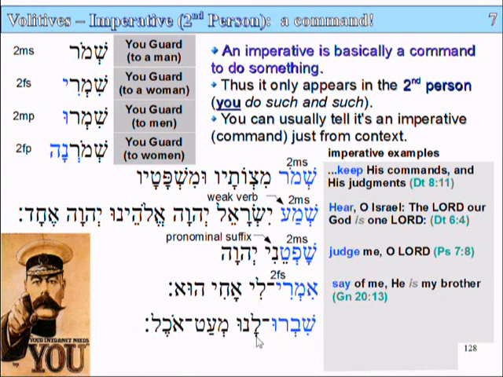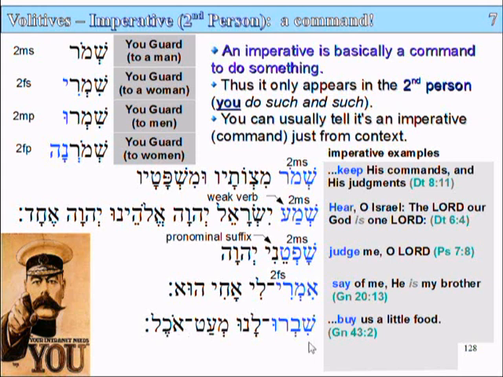Okay, the next example. Shivru lanu ma'at ochel. Buy us a little food. Shivru, buy. For us. Ma'at ochel, a little food.